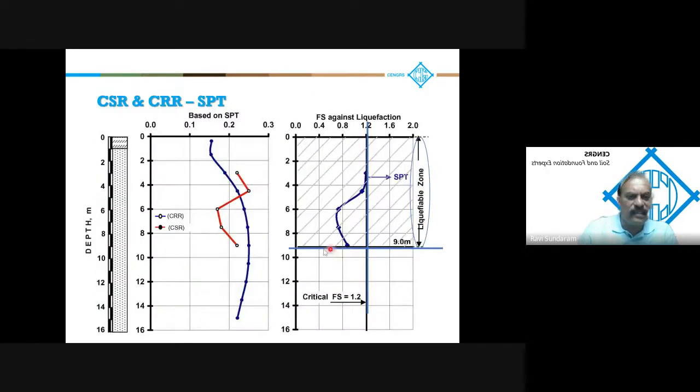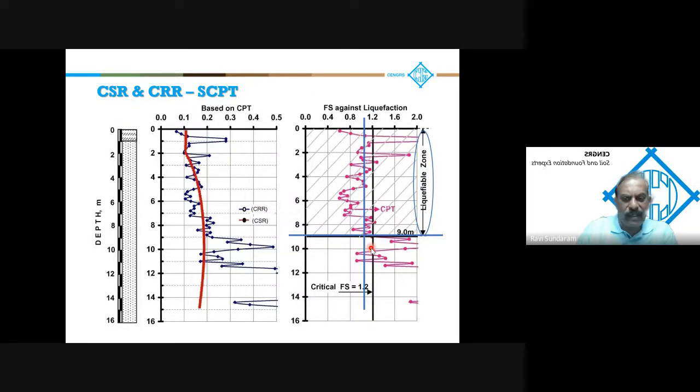So this is the CRR and CSR based on SPT. From the analysis, you can see that the factor of safety exceeds 1.2 around 9 meters. From SCPT, again, the results showed that the critical factor of safety is around 1.2 at 9 meter depth.